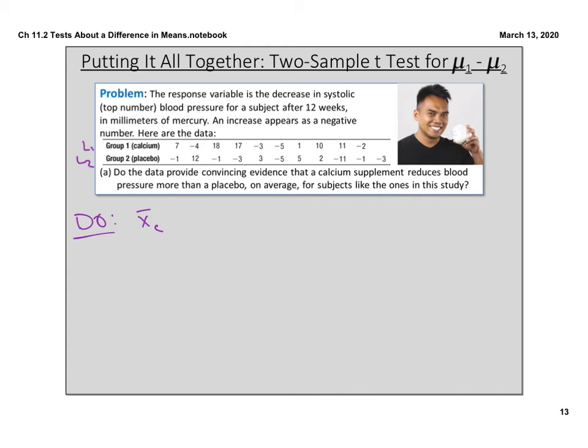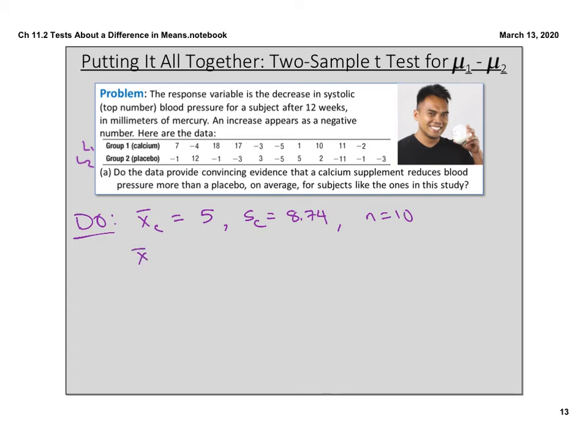Now I can go to stat, calculate, one variable statistics, and do L1. I get an x bar for the calcium group of 5 and a standard deviation of 8.74. My n for the calcium group is 10, which we already knew.